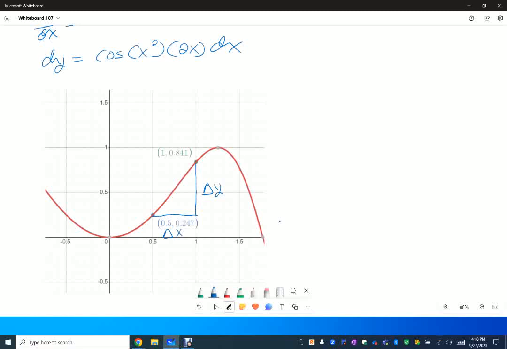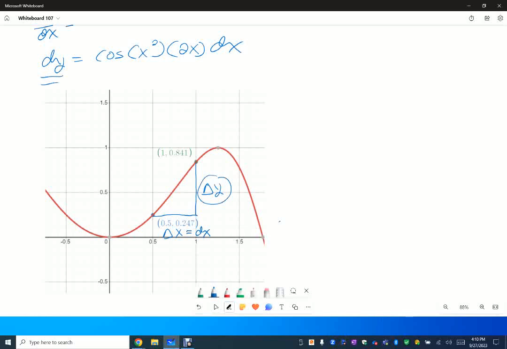Now, delta x we're going to use as dx as well for the purpose of what we're examining here. And what I'm really interested in is dy versus delta y.